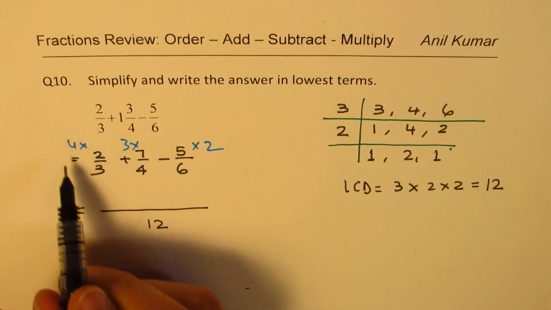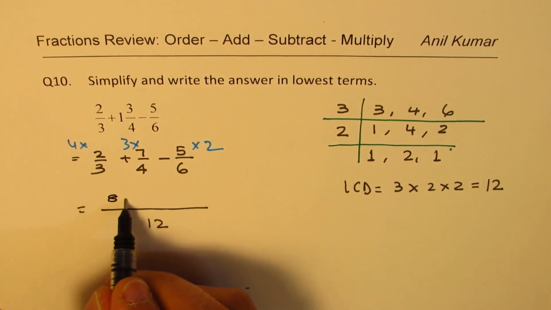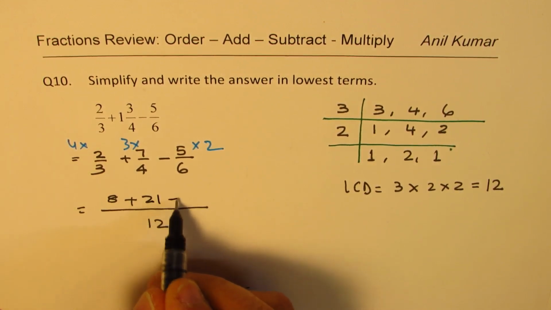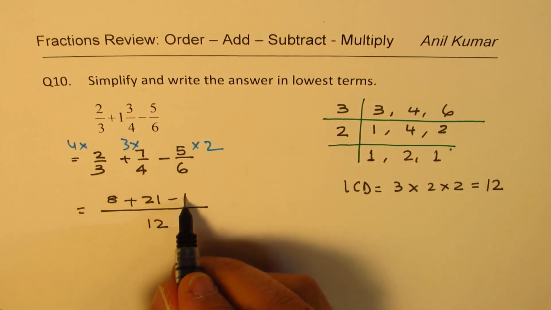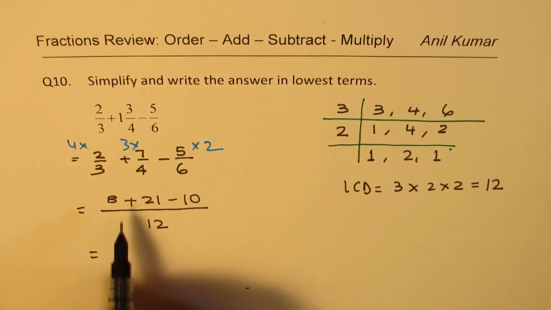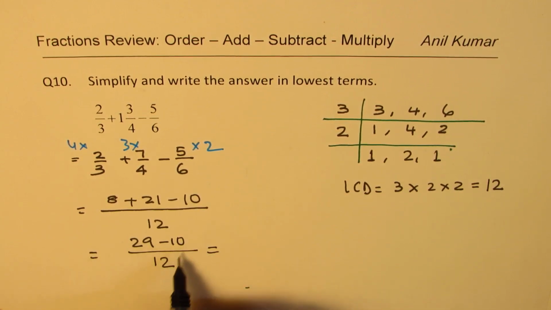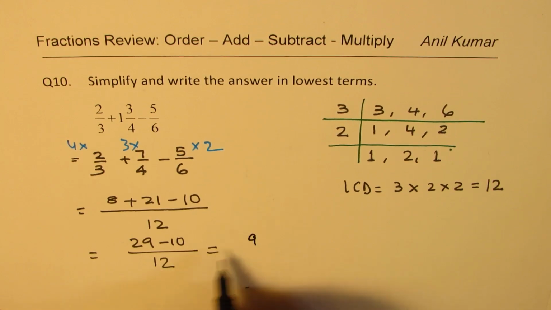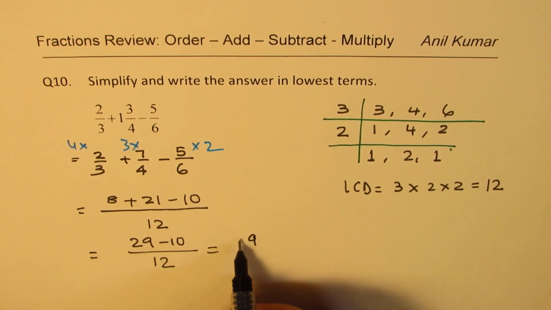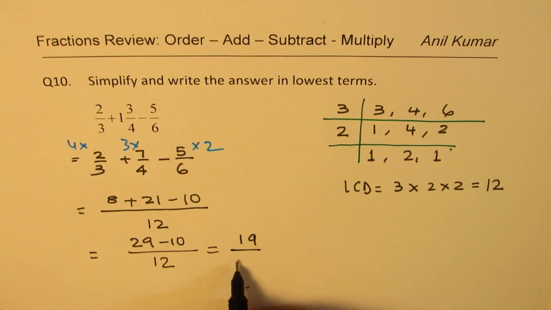So we multiply this by 4. We get 8. Add 7 times 3, which is 21, and then take away 5 times 2, which is 10. So now let us add these two. So we get 29 minus 10 over 12. Now 29 minus 10 is 19. So that is 9, and then 2 minus 1 is 1. So we get 19 over 12 as our answer.